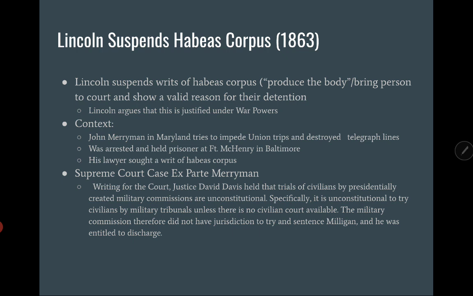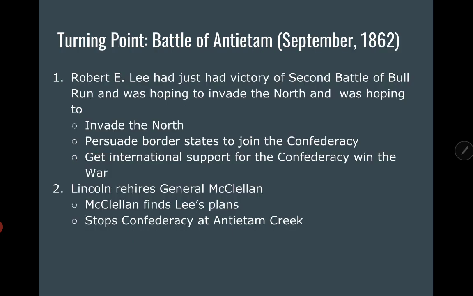And so they do declare this unconstitutional. So, there are a lot of things that Lincoln does. He also arrests a lot of Democratic newspaper people who are critical of the war. This is what he's doing during this time.